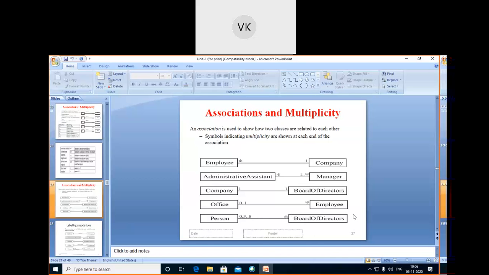For the board of directors class, it may have zero persons also, or 3 dot dot 8, meaning at least 3, at most 8. In between 3 and 8 is also possible: 3, 4, 5, 6, 7, 8. All these things are related to multiplicity associated with association.